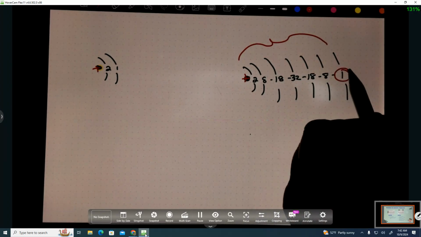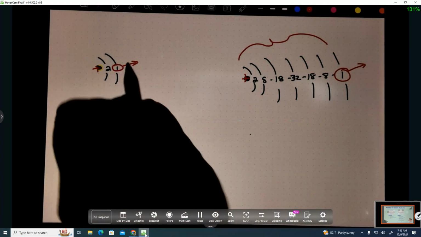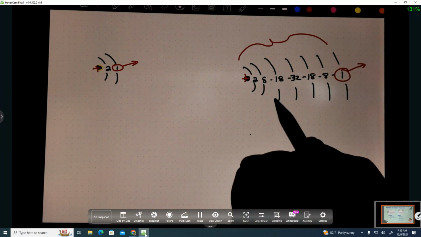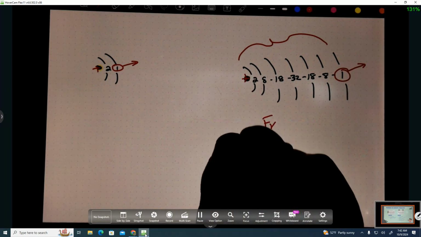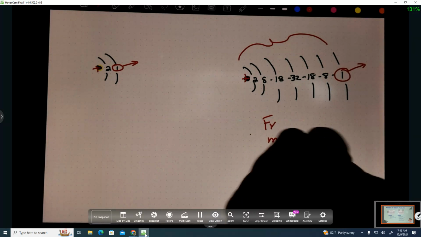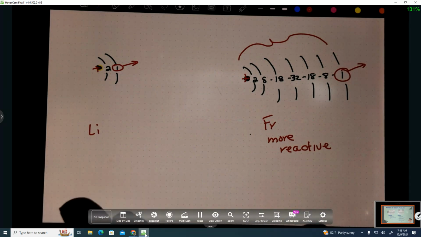So this electron is able to leave more easily than this electron is able to leave. So francium is more reactive than lithium. They're both reactive. But out of those two, francium is more reactive. Do you understand why? Okay.